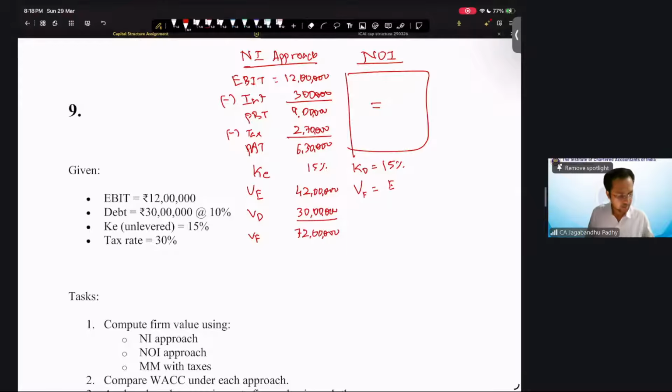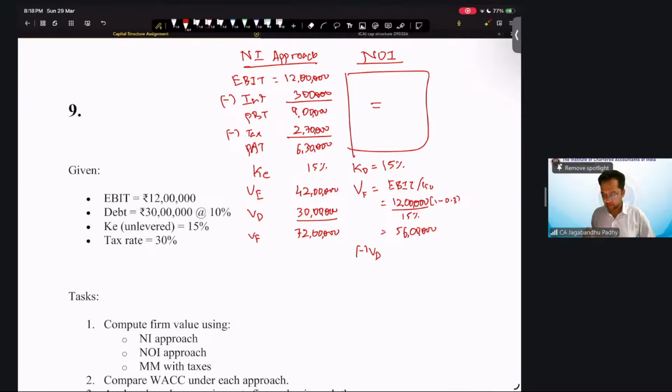Value of firm is EBIT upon KO. Since it is after tax, it is 12 lakh into 0.7 divided by 15%. So the value of the firm is now 56 lakh.